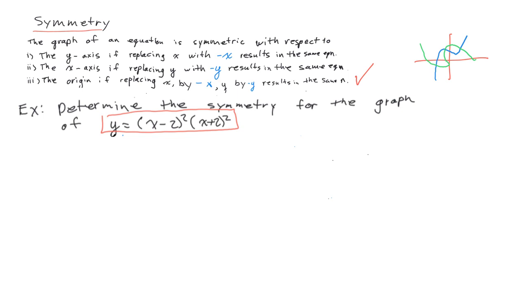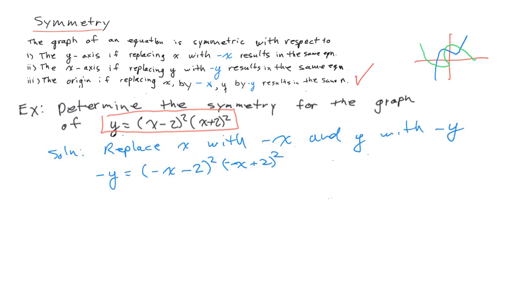So what we're going to do is check that by replacing our x's with negative x's and our y's with negative y's. So let's see what happens when we do that to our equation. We end up with this: negative y is equal to (negative x minus 2) and (negative x plus 2) all squared. From before, we did this one already, and we found that our solution was the original equation.